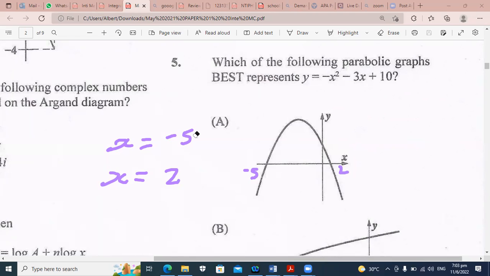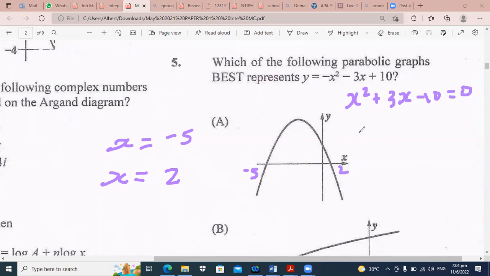Remember, we had changed the equation. The equation is x squared plus 3x minus 10 equals 0. Remember that? We had to multiply everything by -1.